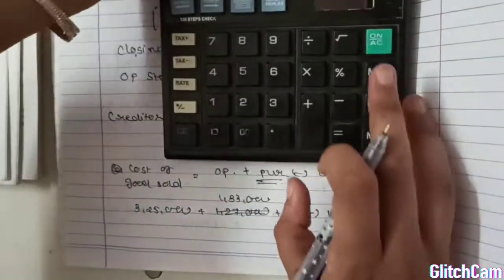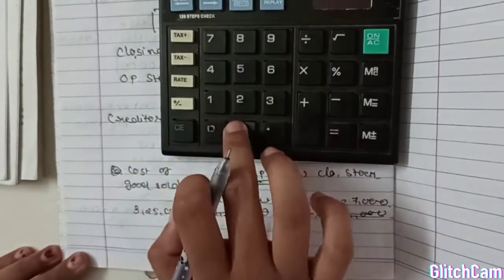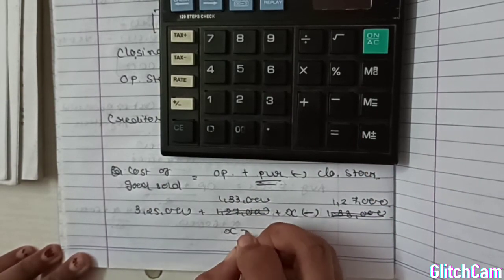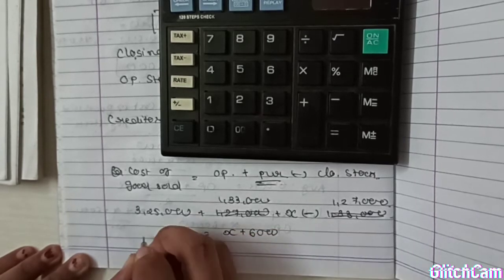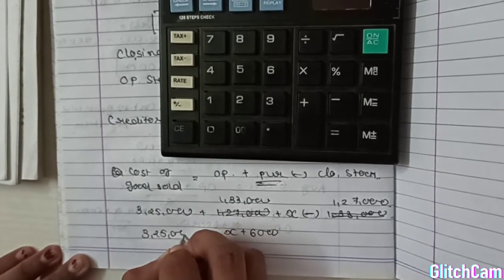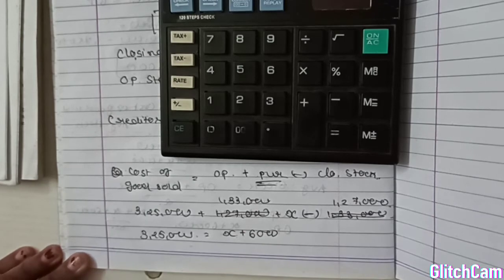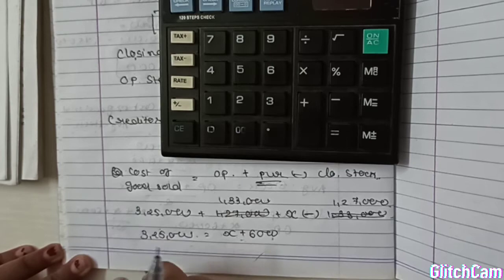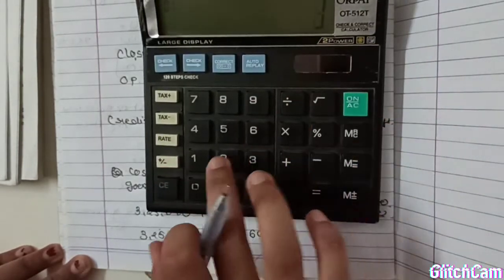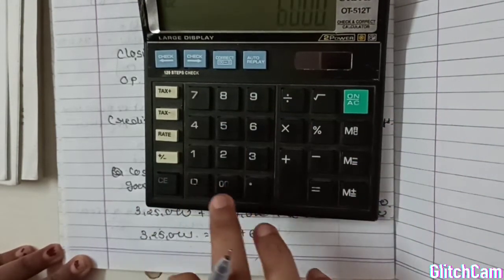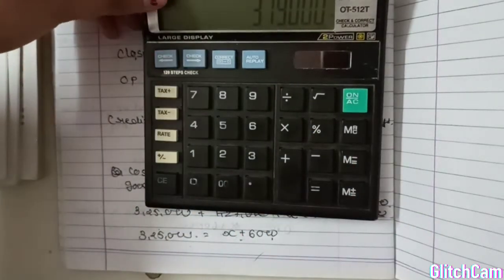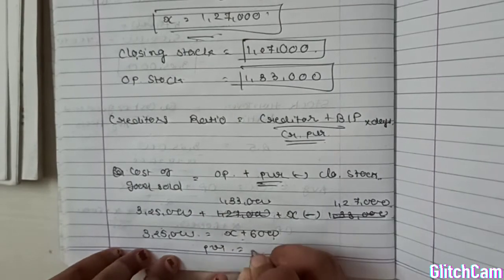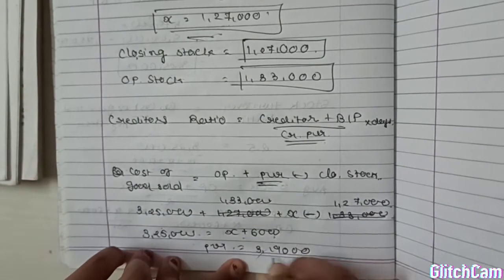So 1,33,000 minus 1,27,000, it will come 6,000. So we have X plus 6,000 is equals to 3,25,000, right? 6,000 here it's a plus, when it comes this side it will become minus. So 3,25,000 minus 6,000, we get purchase of rupees 3,19,000. Purchase is equals to 3,19,000.